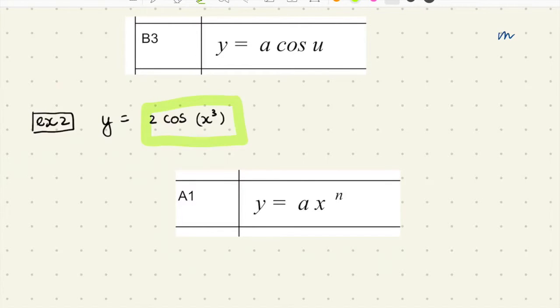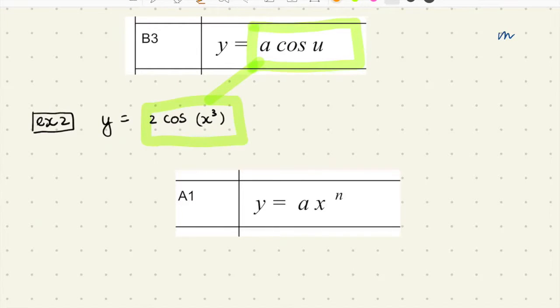We check the question again here. 2 cosine something, right? That fits the pattern of formula B3. In this case, a is 2, u is x cubed. Then we must find another formula to solve for du/dx. Every time we use any formula in formula group B, we must find another formula to solve for du/dx.